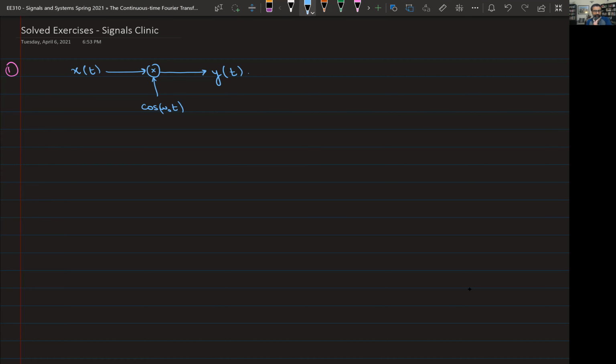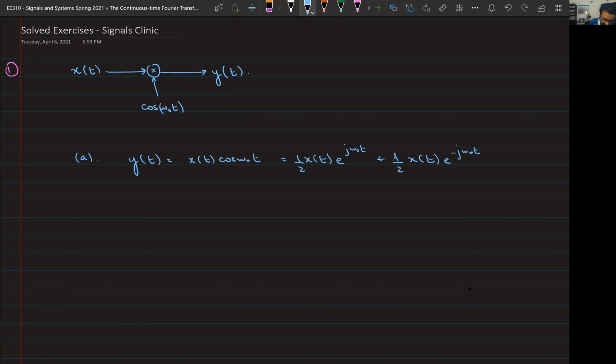There are a couple of ways you can do this, so let me do it two ways. The first one, as we did at the end of last class, was y of t is equal to x of t cosine omega naught t, and therefore this is x of t times e raised to j omega naught t times half plus half x of t e raised to minus j omega naught t, right?